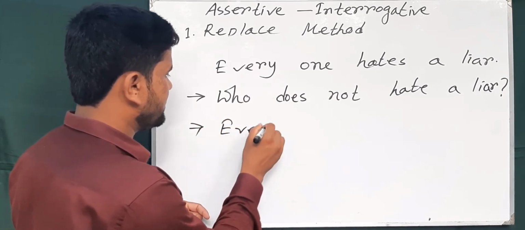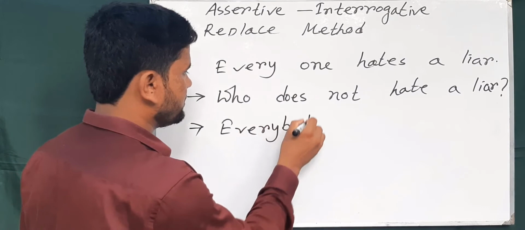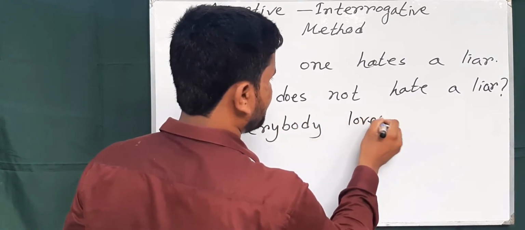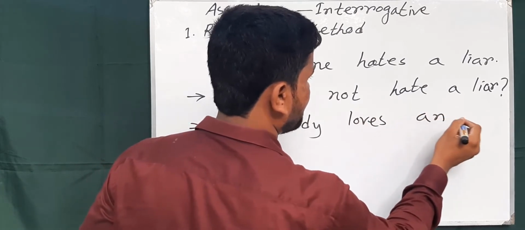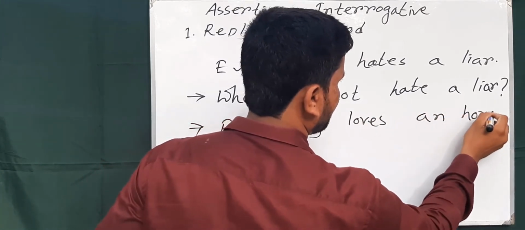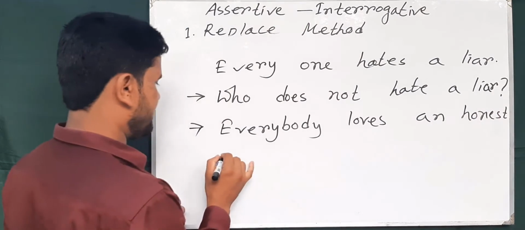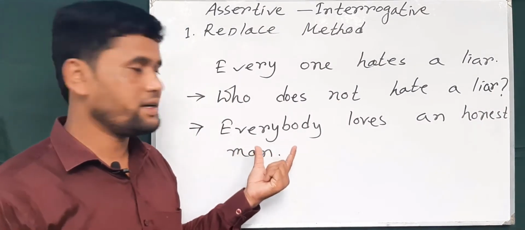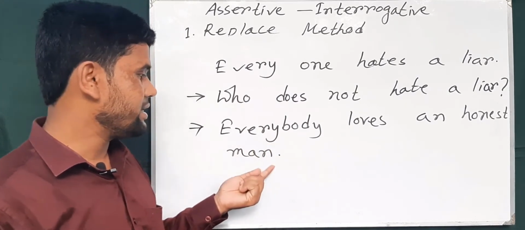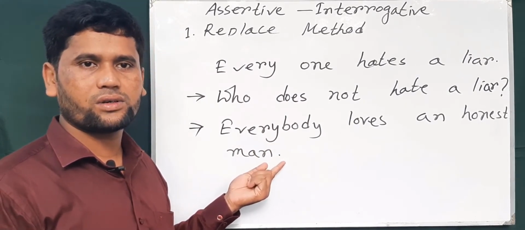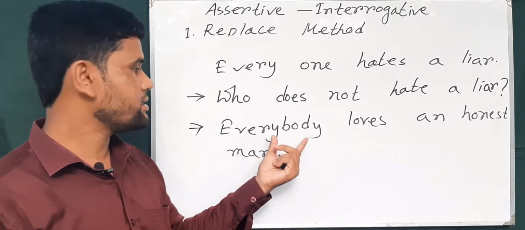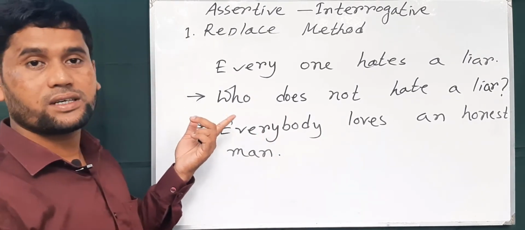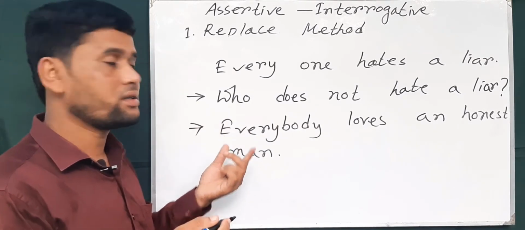So another example, everybody loves an honest man. So here you find everybody and at the end you find a full stop. So an assertive sentence starts with subject and verb, but an interrogative sentence may start with auxiliary verb or WH word.